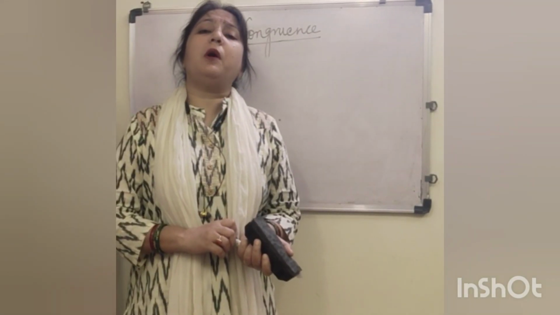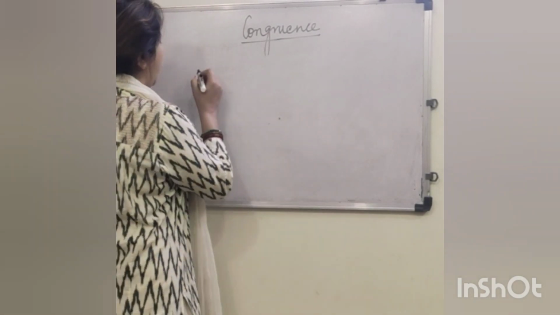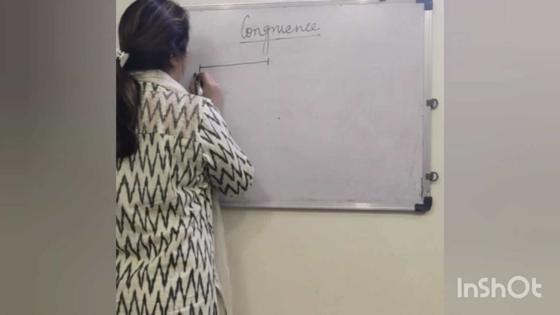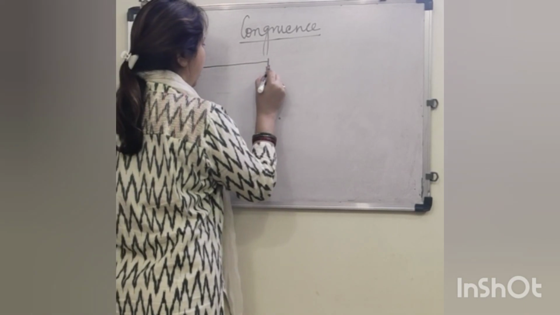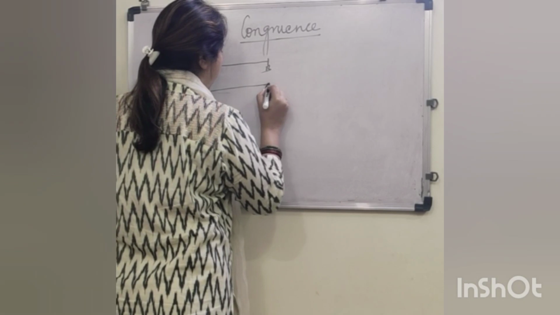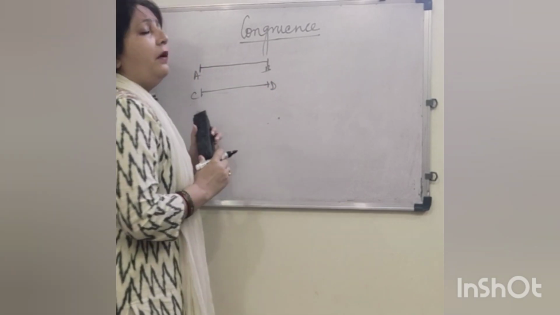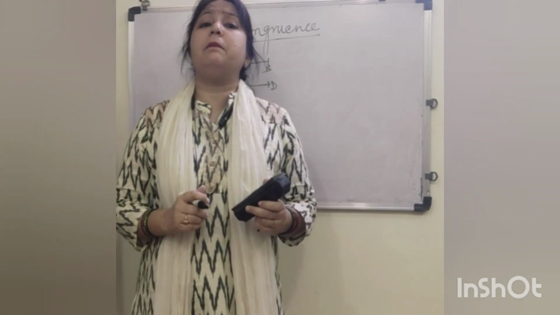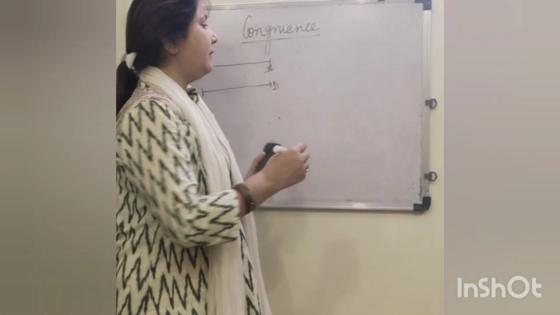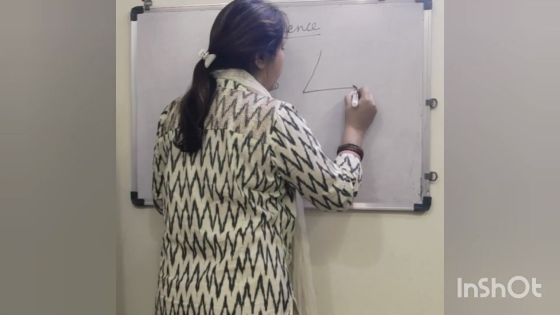When we talk about congruent figures, two line segments are congruent. Say this is AB, this is CD. They are congruent if they have the same length.